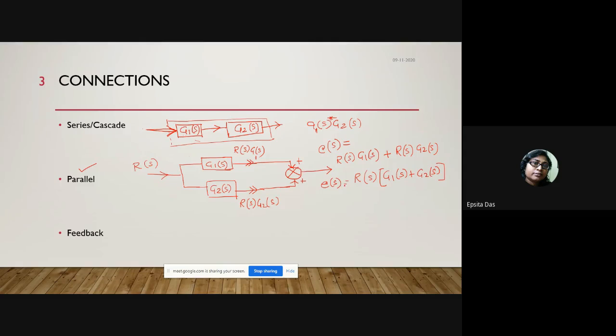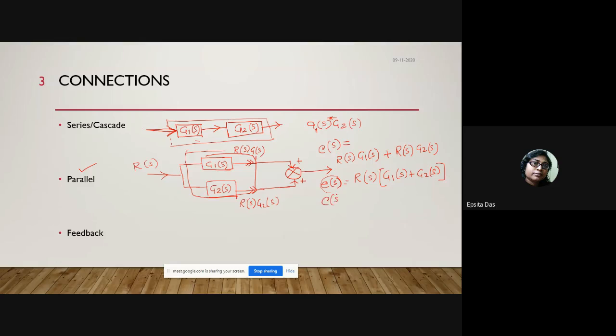That means if you take the transfer function of this total structure, how will you get it? We know the transfer function means the output signal in the Laplace domain by the input signal in the Laplace domain with initial conditions as 0. This is the output signal, this is the input signal.